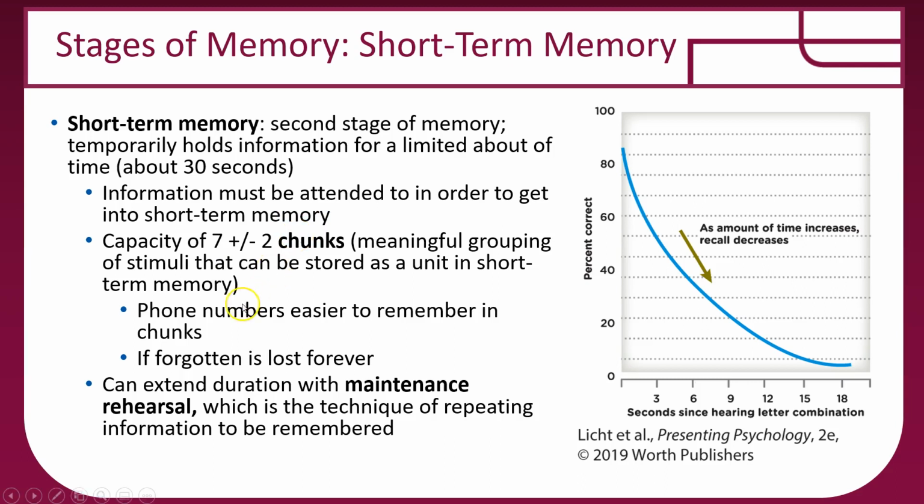That's why, and I guess we don't have to remember phone numbers very much anymore, but when we did, it's easier to remember them in chunks, like the first 3 numbers, the second 3 numbers as a chunk, and the last 4 numbers. Instead of trying to remember every number separately, we would try to kind of put them together. And we're going to do a little experiment on this in a second. So 7 plus or minus 2 chunks of information is kind of the capacity of short-term memory.